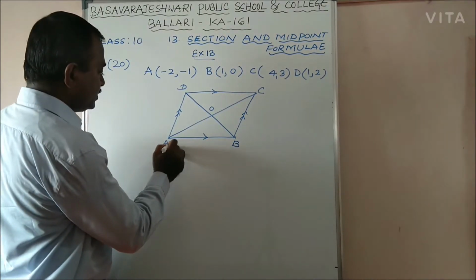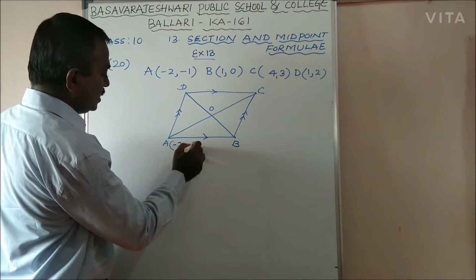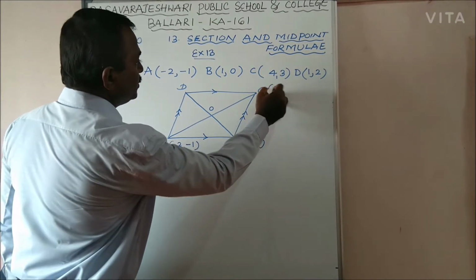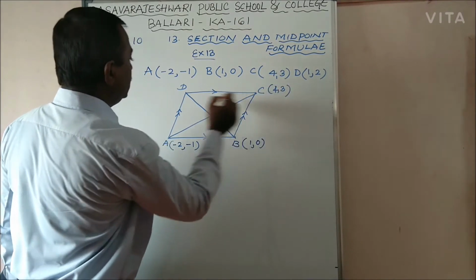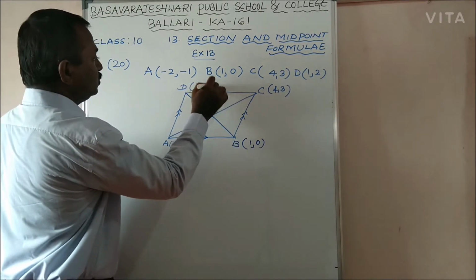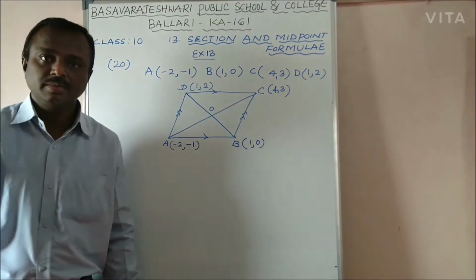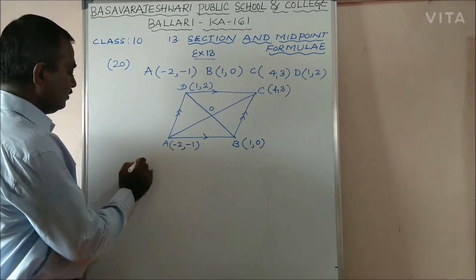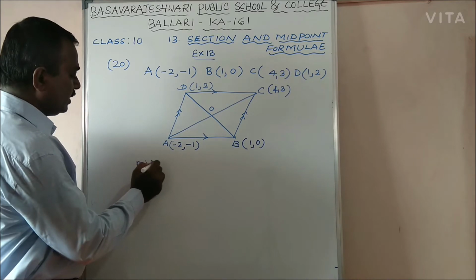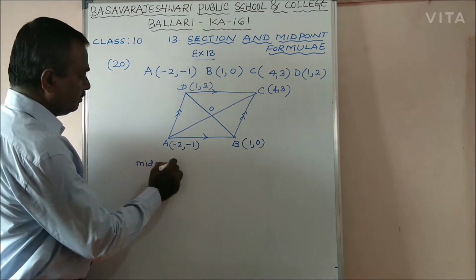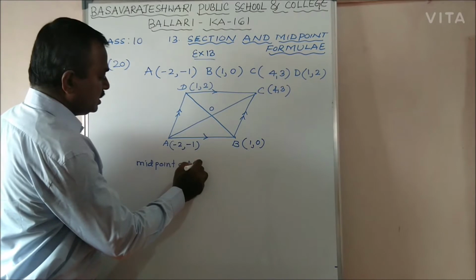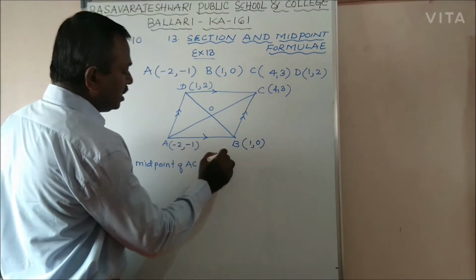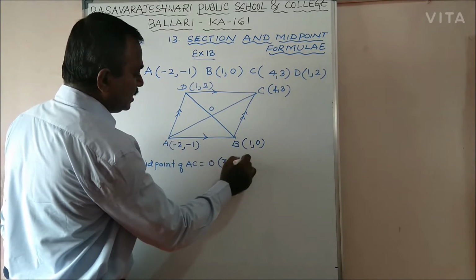Now we will consider. First I will write the points here. A(-2, -1), B(1, 0), C(4, 3), D(1, 2). Correct? Now, first I will take AC. Midpoint of AC, O of x, y is equal to.